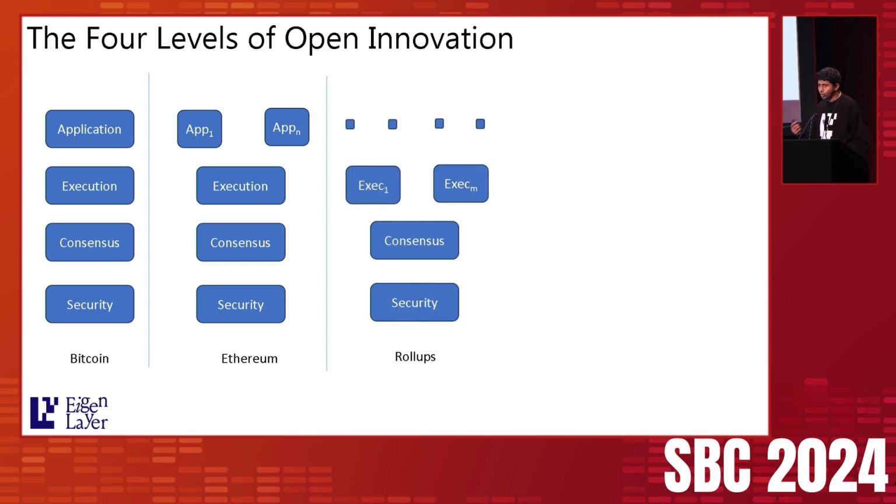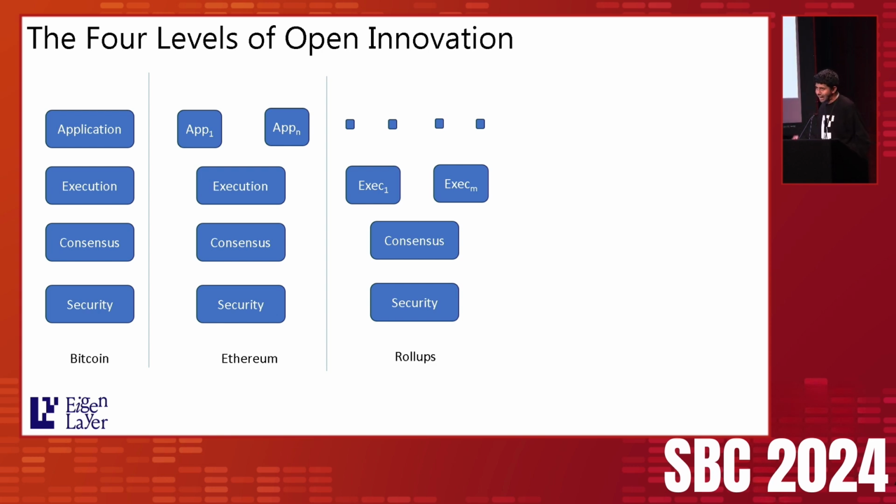I think you look at rollups. Rollups, basically, anybody can come and build new execution environments on top of a common consensus layer. Each rollup runs its own off-chain execution and makes proofs that it did the execution correctly. And so now you can have innovation at the level of execution environments.